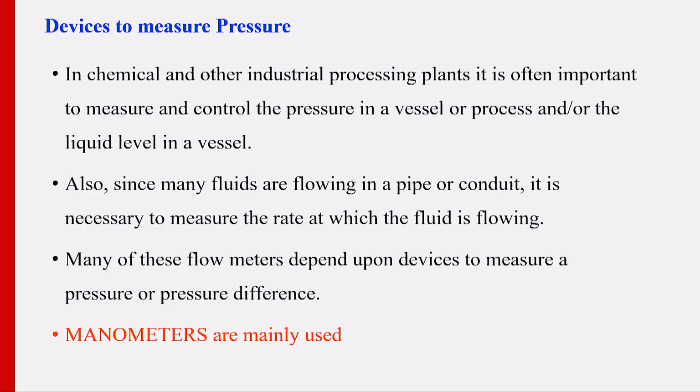Of course, now we are always talking about pressure, but how do we measure the pressure? All of you know that for pressure measurement we use a manometer. The manometer is mainly used in chemical industries and other industry processing plants for pressure measurements. Here, flow meters depend on the pressure or pressure difference we can measure.